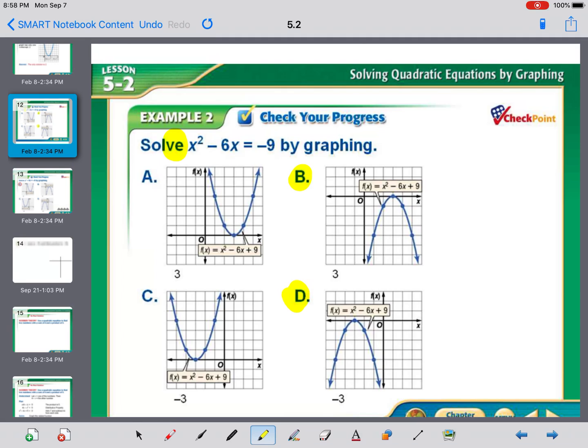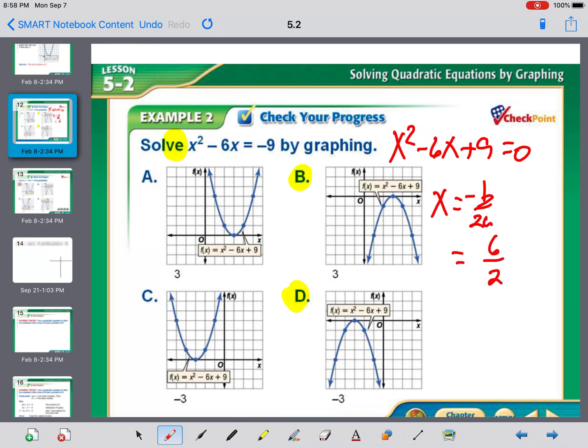We can talk about opening up and down. You can see that these two open down. That's not possible because you can see that the leading coefficient is a positive. So they open up, the answer will open up, not open down. And if we set it equal to 0, we get x squared minus 6x plus 9 equals 0.